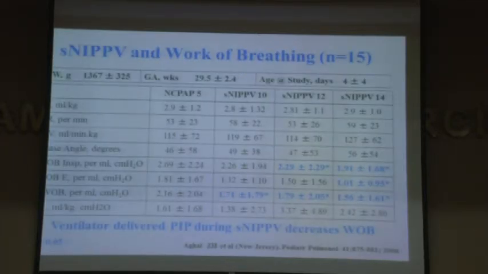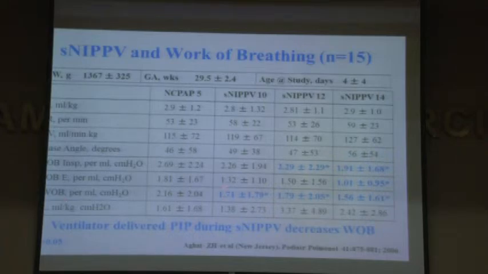This is a small study looking at CPAP of 5 centimeters, and then NIPPV at 10 over 5, 12 over 5, or 14 over 5. As you increase the peak inspiratory pressure, the work of breathing is reduced, whether inspiratory, expiratory, or resistive work of breathing.